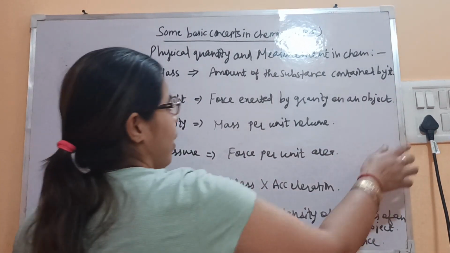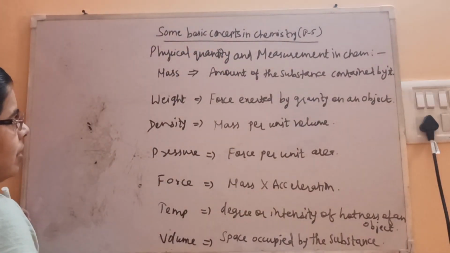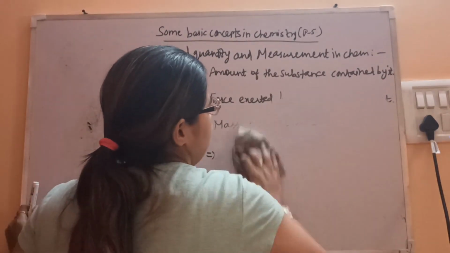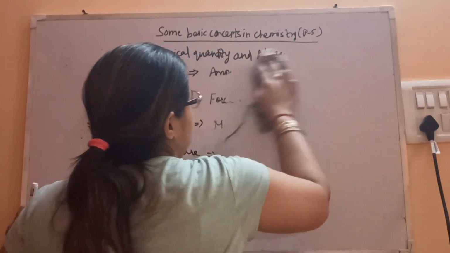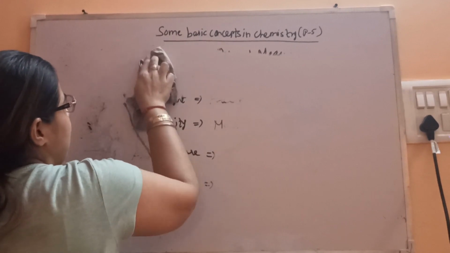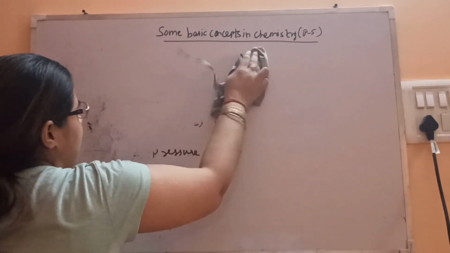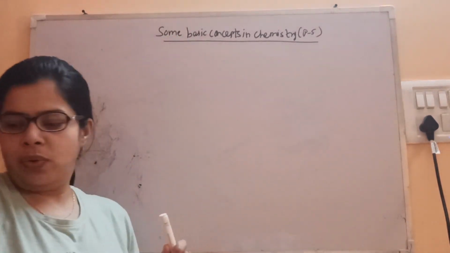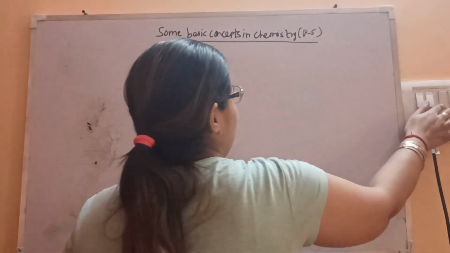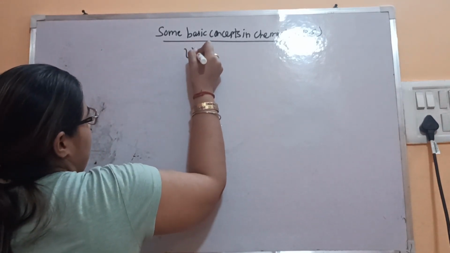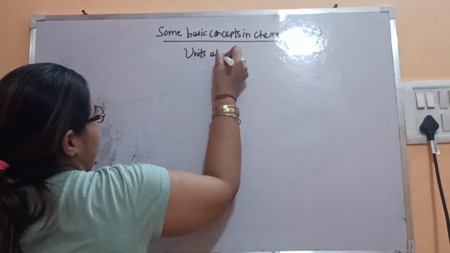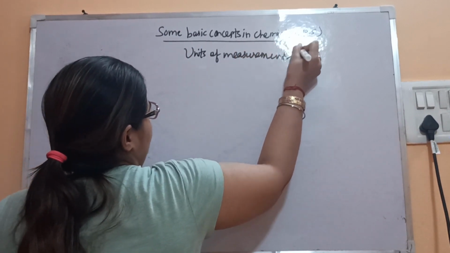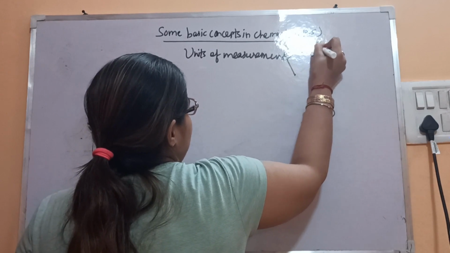So let's see the different systems of units. Units of measurement. In units of measurement, two types of systems of units are there. One is the CGS system.